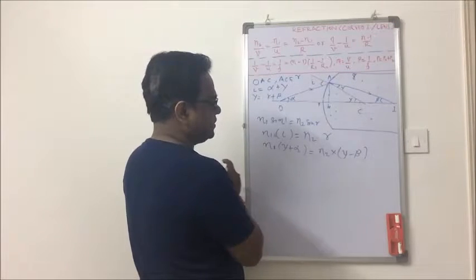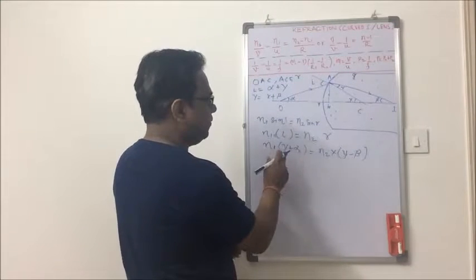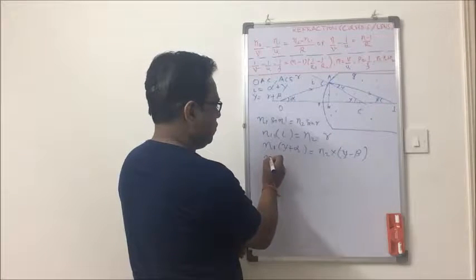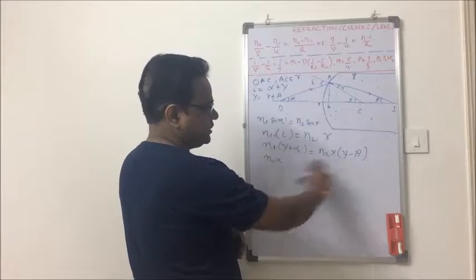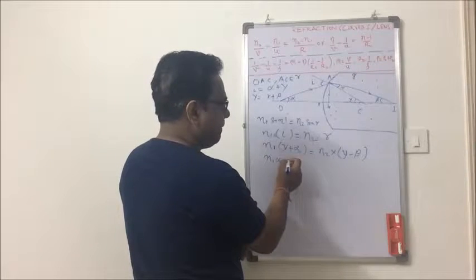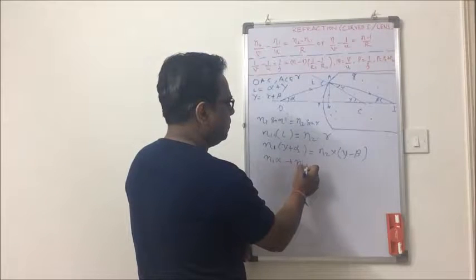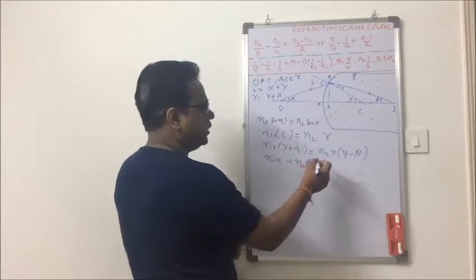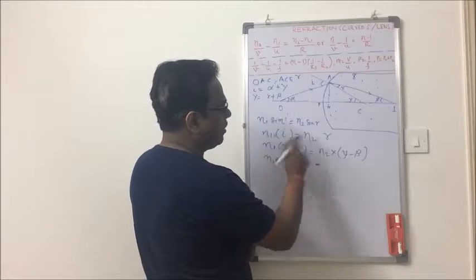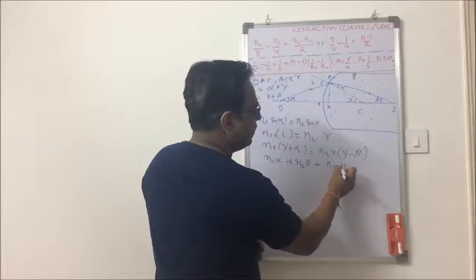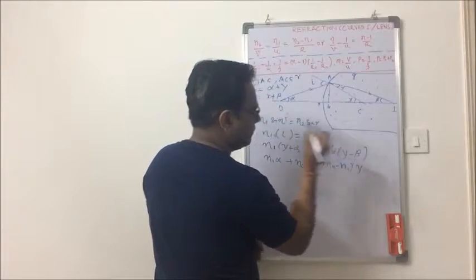Okay, now let's go with this N1 gamma, right? Just to save space, I will write N1 alpha plus N2 beta equal to, I will take this N1 gamma to the right side, N2 minus N1 gamma.